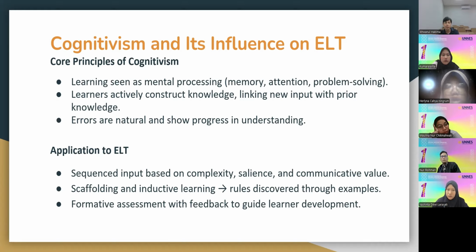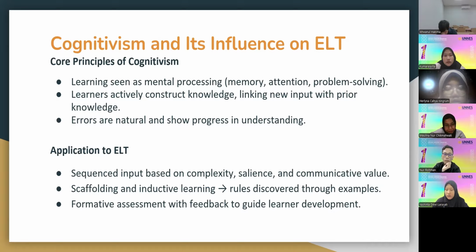Learners are not passive recipients but construct knowledge by integrating new information with prior schemata. Errors are no longer stigmatized but are regarded as evidence of hypothesis testing and conceptual growth.